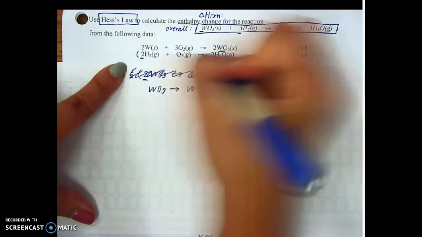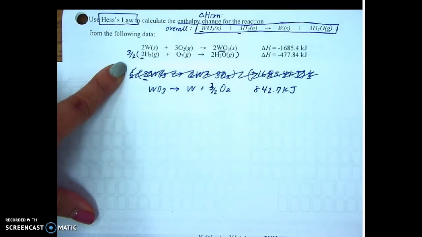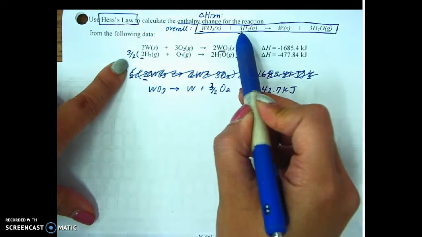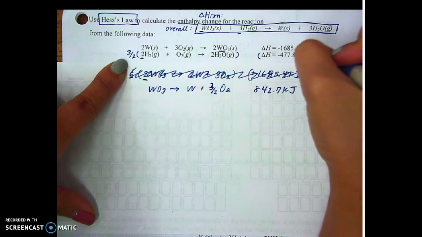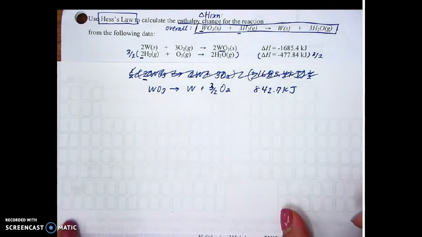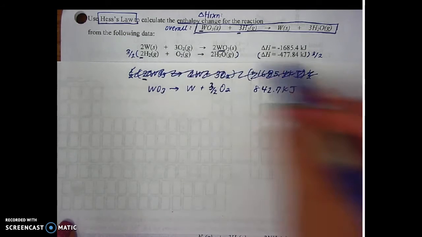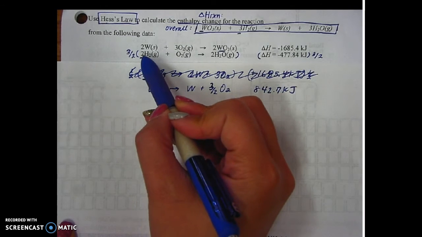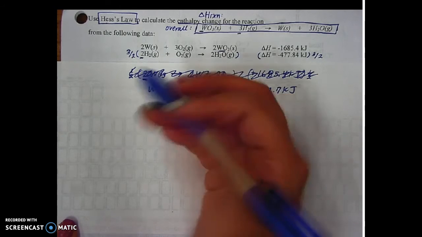And if you take this entire thing and then multiply it by 1.5 or 3 halves, 3 halves times 2 will get you 3 hydrogens over here. And we're going to have to do the exact same thing for the enthalpy provided for us as well. I'm going to multiply it by 3 and then divide it by 2. So if I rewrote this equation to reflect this, 3 halves times 2 would be 1.5 times 2.